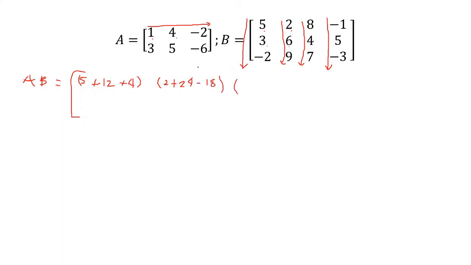Then 1 times 8 is 8, 4 times 4 is 16, negative 2 times 7 is negative 14. Then last, 1 times negative 1 is negative 1, 4 times 5 is 20, negative 2 times negative 3 is plus 6.